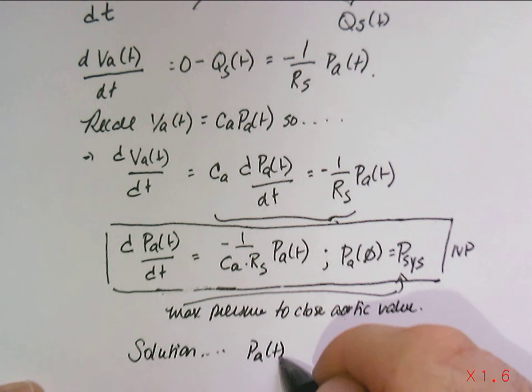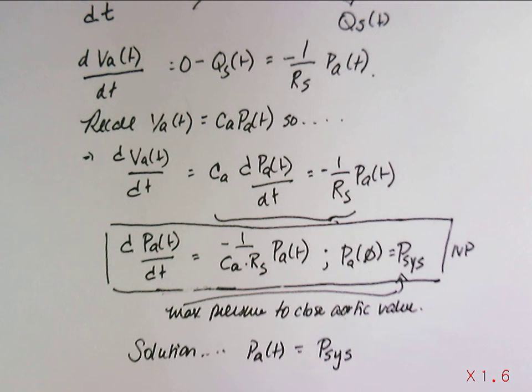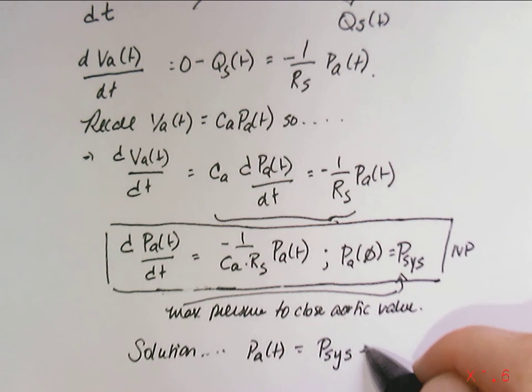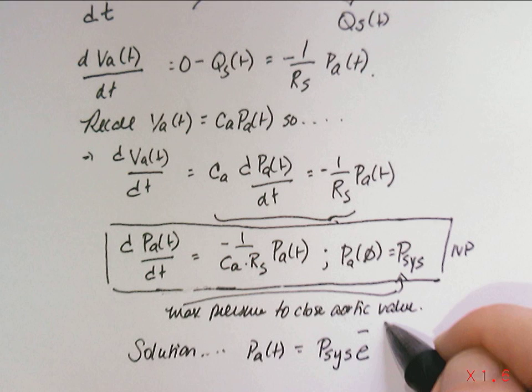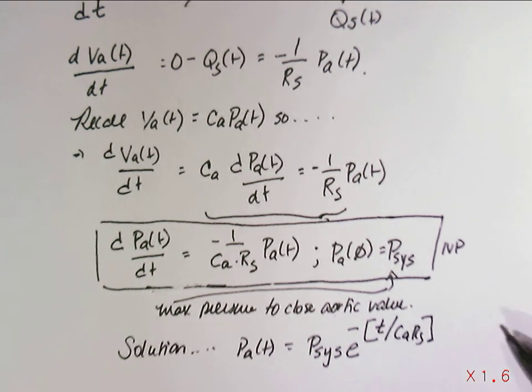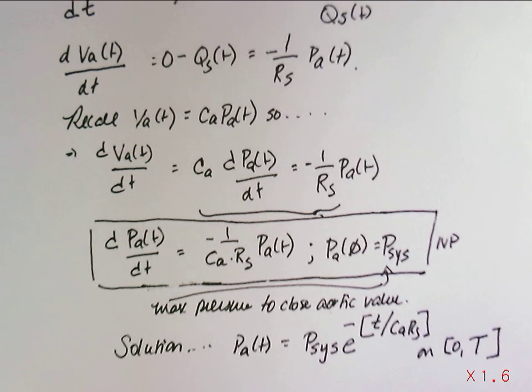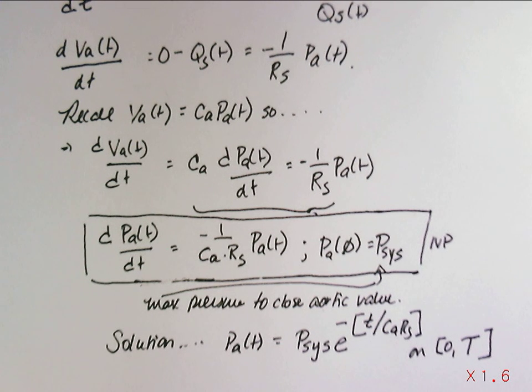The initial condition will be the maximum pressure to close the aortic valve, that systolic pressure constant, times e to the minus quantity t over that product, C sub A R sub S. Okay? And this will be the solution as time marches from 0 on to the final beat duration, time T.